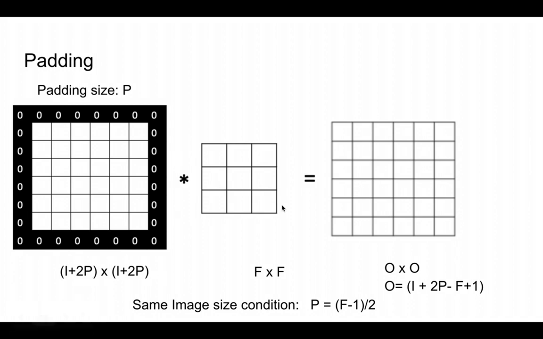Once you apply a filter with the size f, the output image size will be I plus 2p minus f plus 1. With this formula, we can observe a special choice of p, which is f minus 1 over 2, that can give us an output image of equal size as the input image.